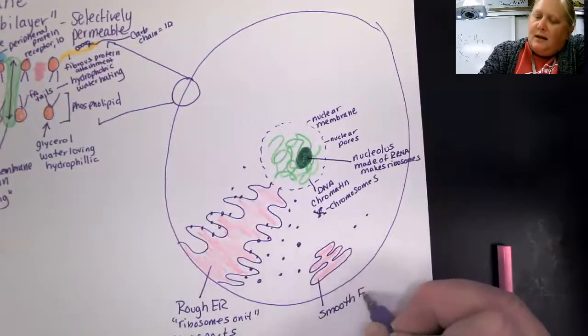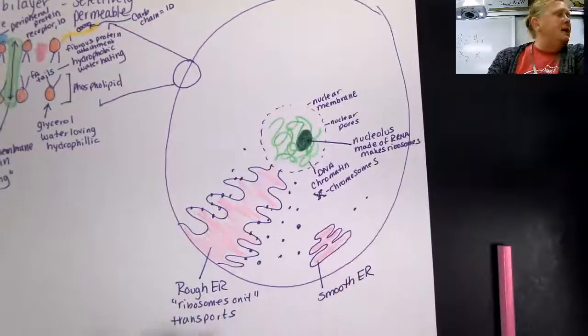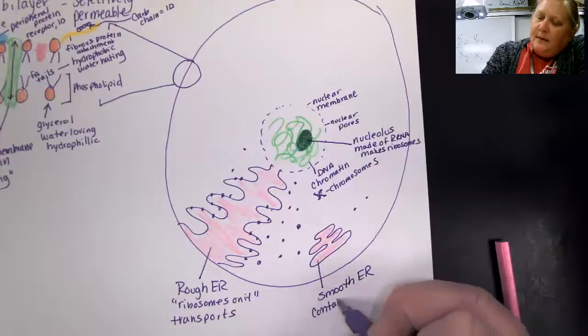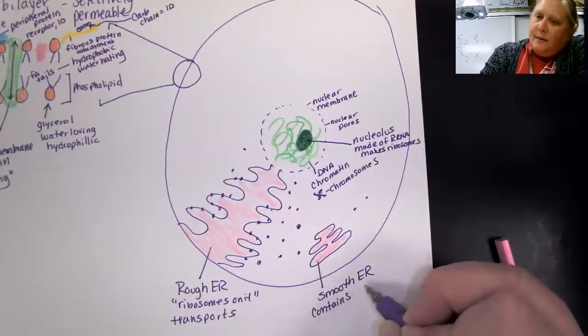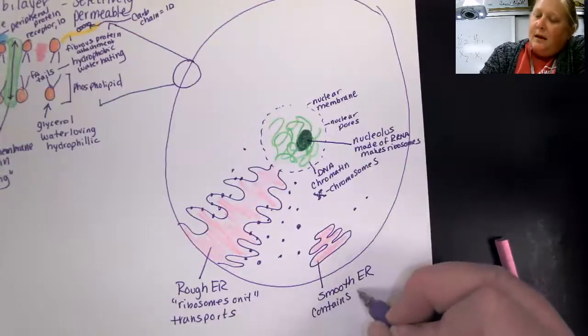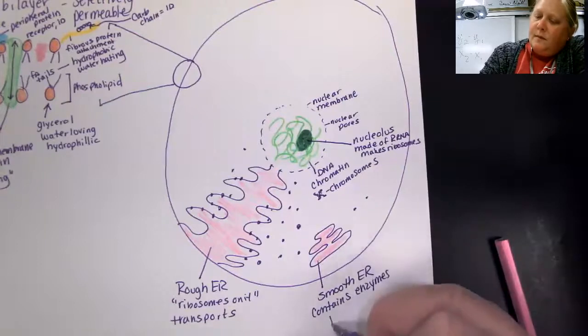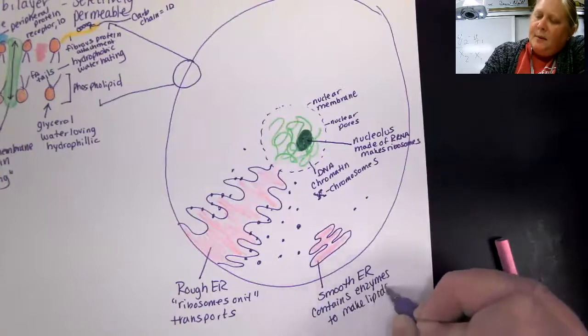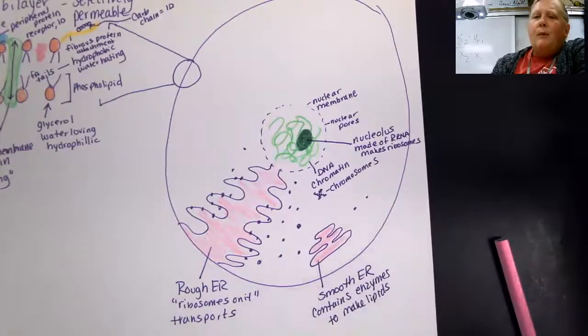The smooth ER doesn't connect necessarily to the outside. The smooth ER contains enzymes to break down lipids or to make lipids, so it synthesizes lipids. Why would you want lipids? Well, they're used for the cell membrane.